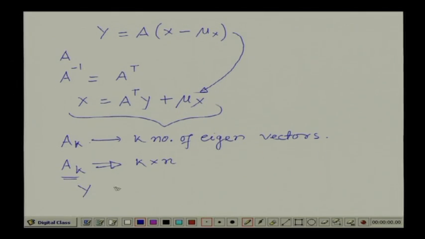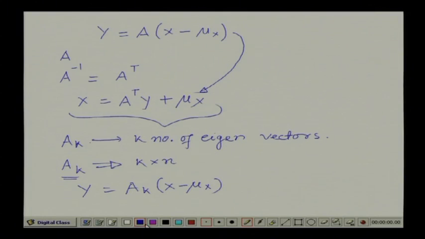So, I get y equal to A k into x minus mu x. Now, because A k is of dimension k by n and x is of dimension n by 1, naturally this transformation will generate vectors y which are of dimension k.